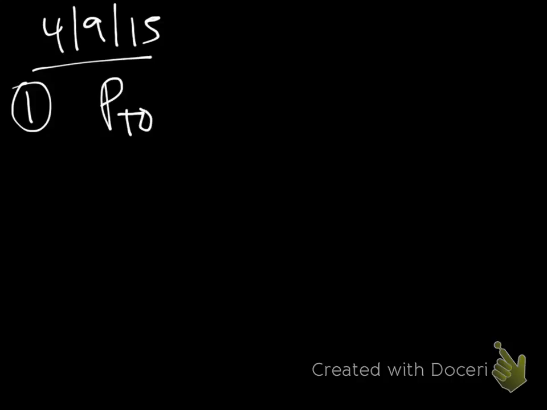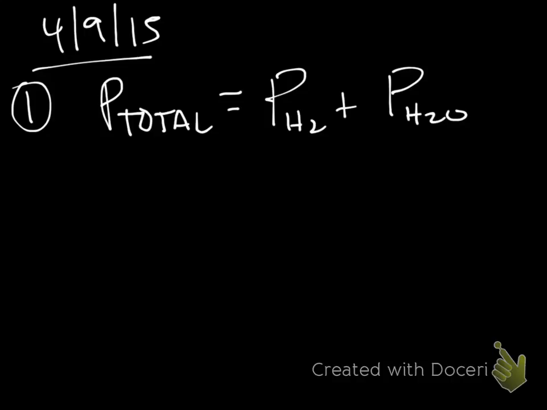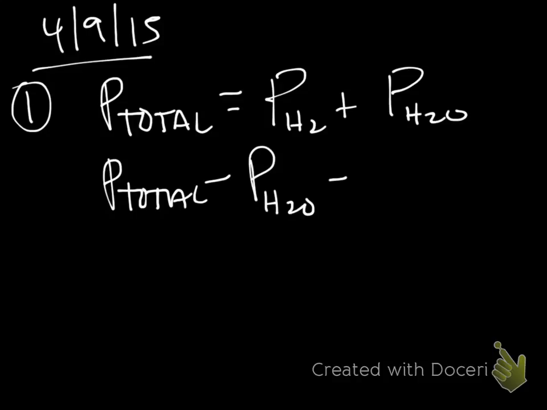So what you had to know to do, and I think almost all of you did this correctly, is to take the pressure of the H2, and you knew that the pressure of the H2 plus the pressure of the water was going to give you your total pressure. So P total minus PH2O gives you the pressure of the hydrogen.